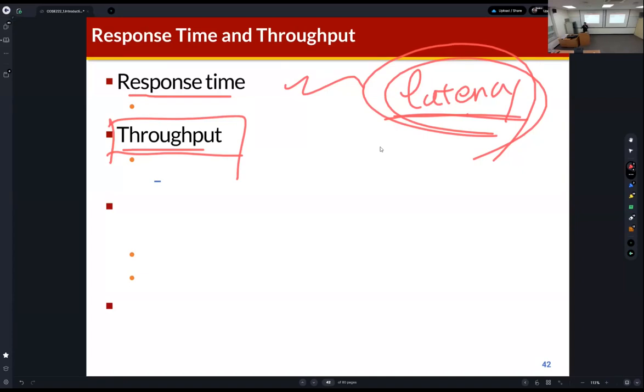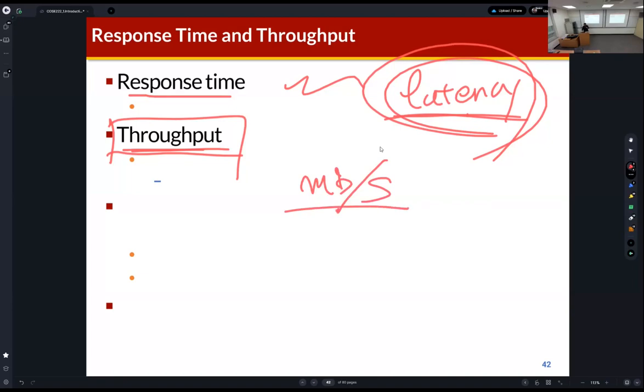What is the meaning of throughput? It is related to the amount of work done by a computer system within unit time, such as megabytes per second.